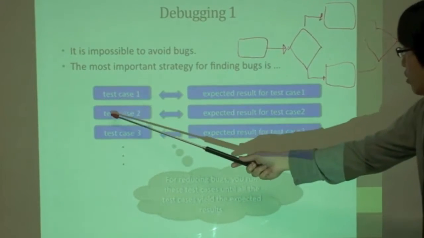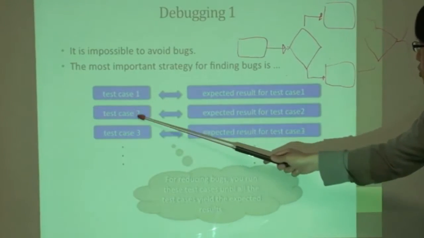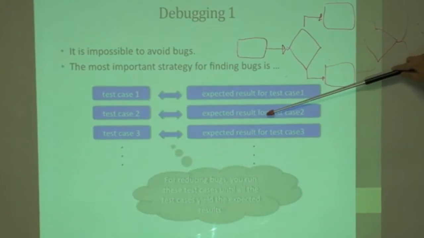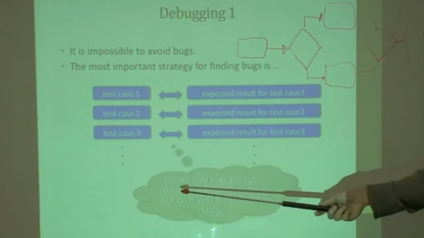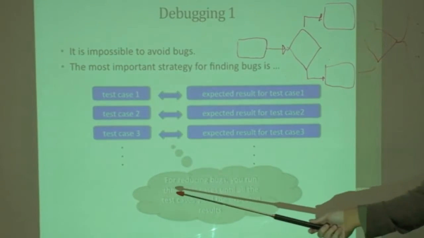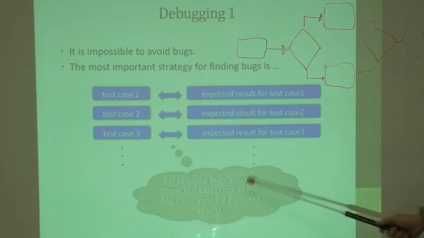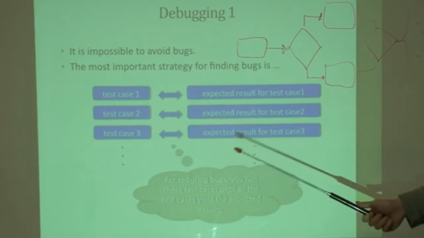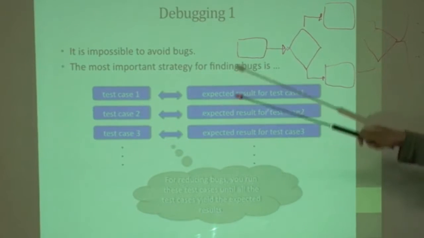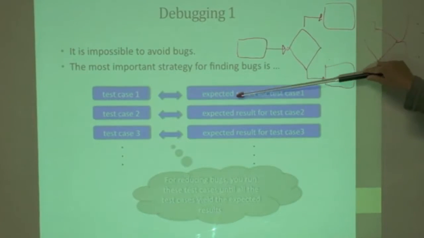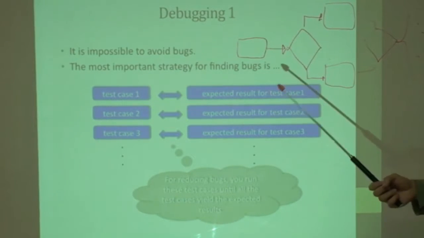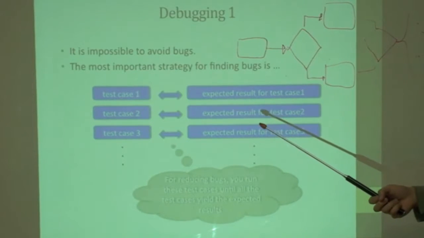For each case, you can get the output of test case 1, and you know the expected result for test case 2. And for reducing bugs, you run these test cases until all test cases yield the expected result. This is the process of using test cases for debugging. Is it okay?